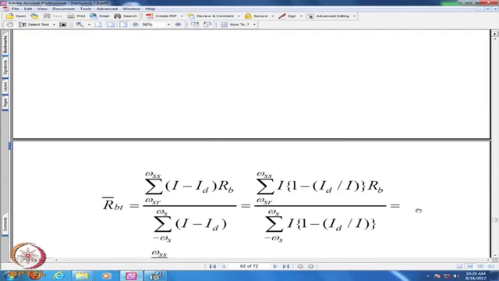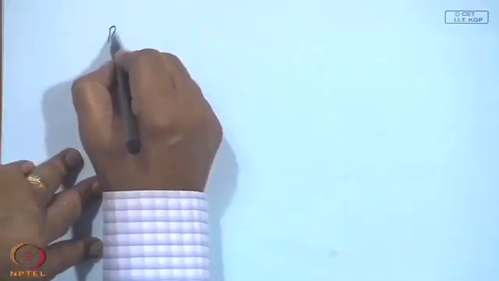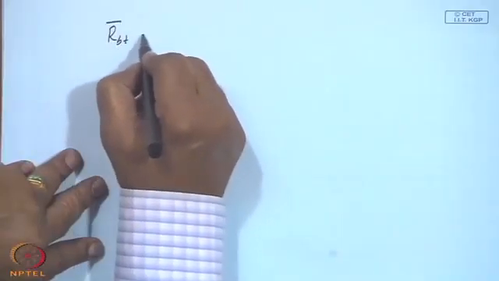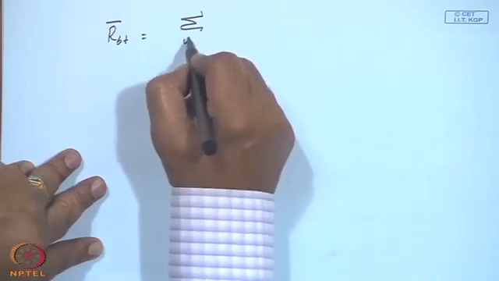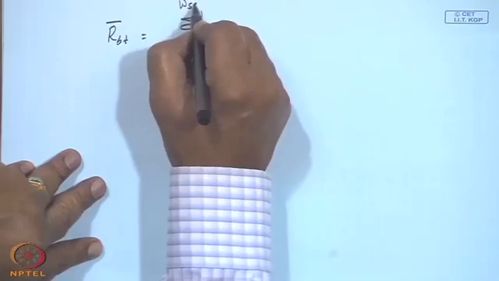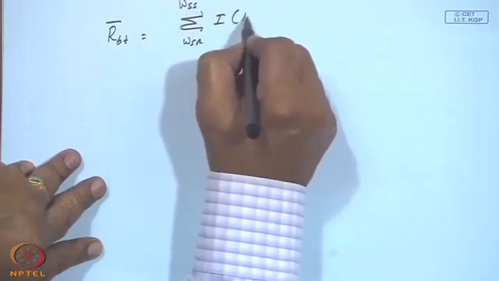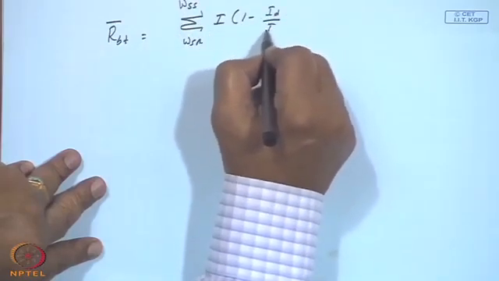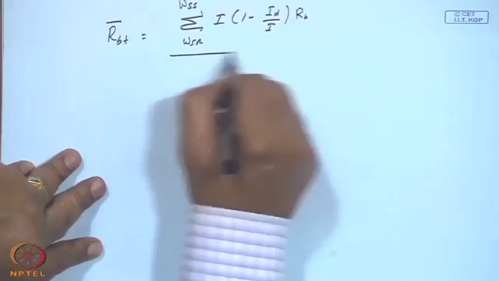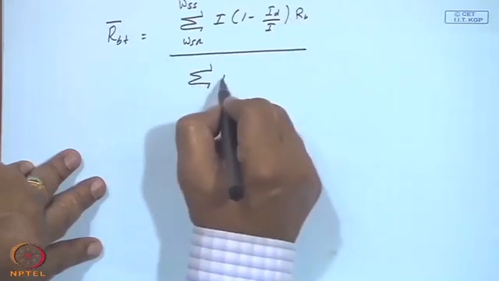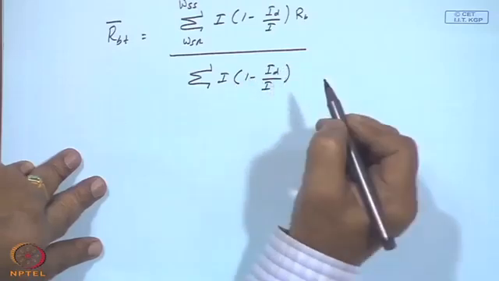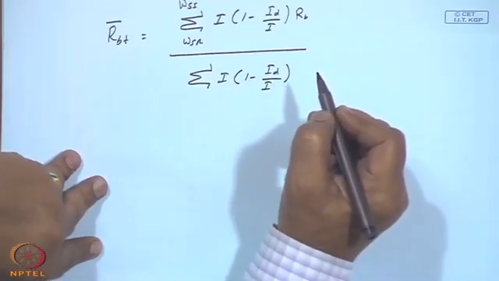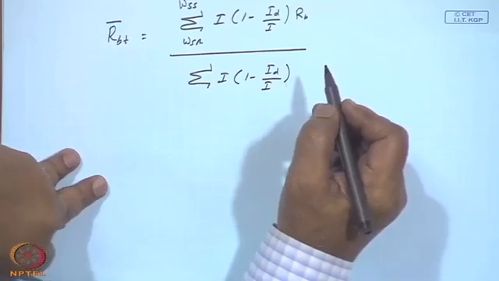So, this R b bar t is expressed in terms of the diffuse fraction, just I is taken outside common. So, that I d by I is a known function.